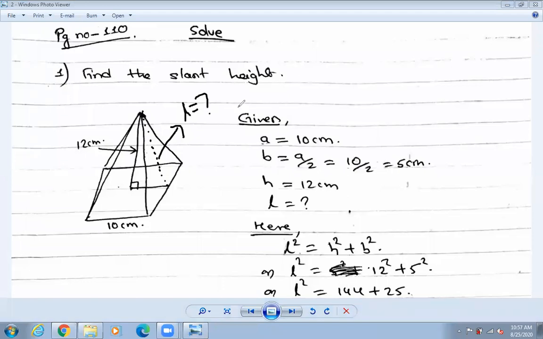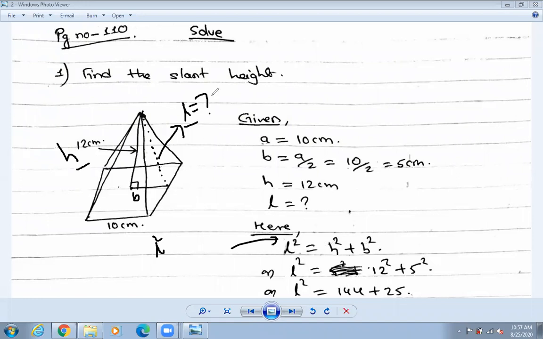How will you find it? When one of the three is missing, whether L, H or B, we have one formula: L square equals H square plus B square.